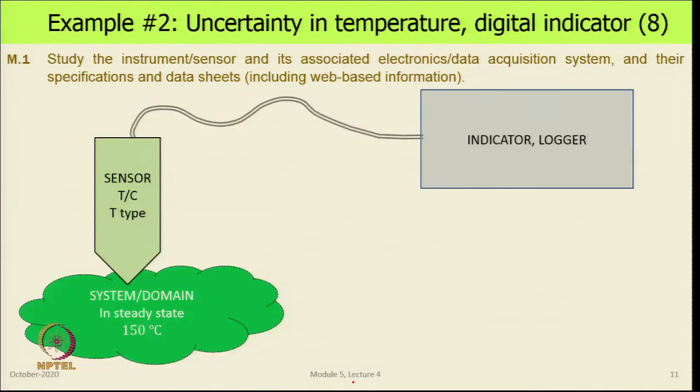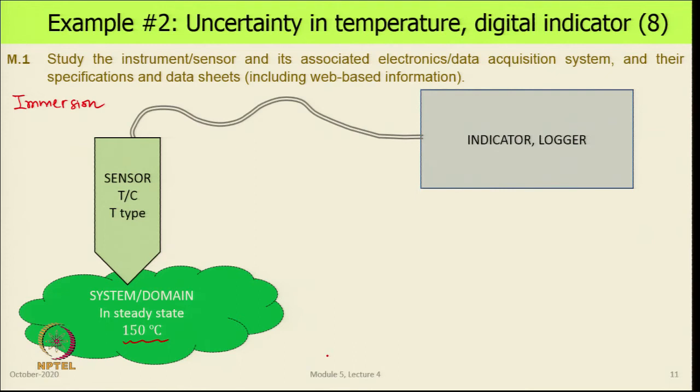Now we will get into our example. We have a system domain where in steady state we have a temperature of about 150 degrees Celsius. All these devices, thermocouples, RTDs and thermistors, are intrusive devices. In the catalogs and everywhere you will see that it says immersion.